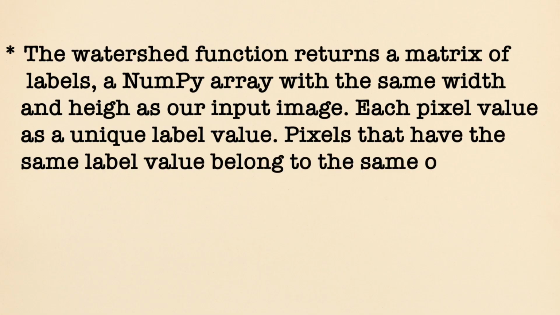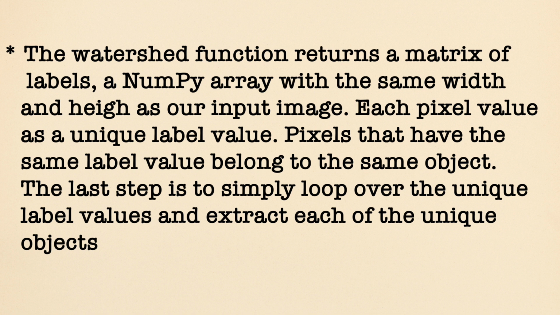The watershed function returns a matrix of labels, a numpy array with the same width and height as our input image. Each pixel has a label value, and pixels that have the same label value belong to the same object.